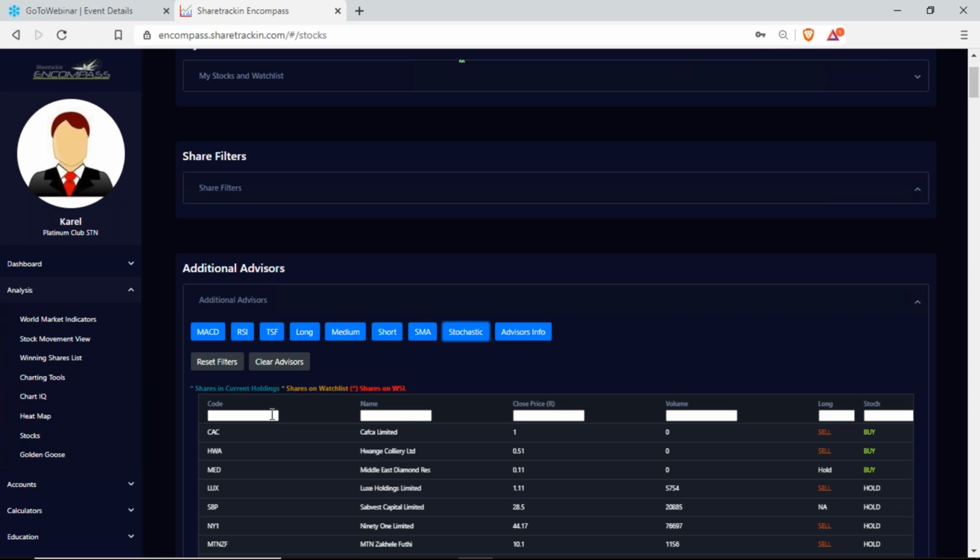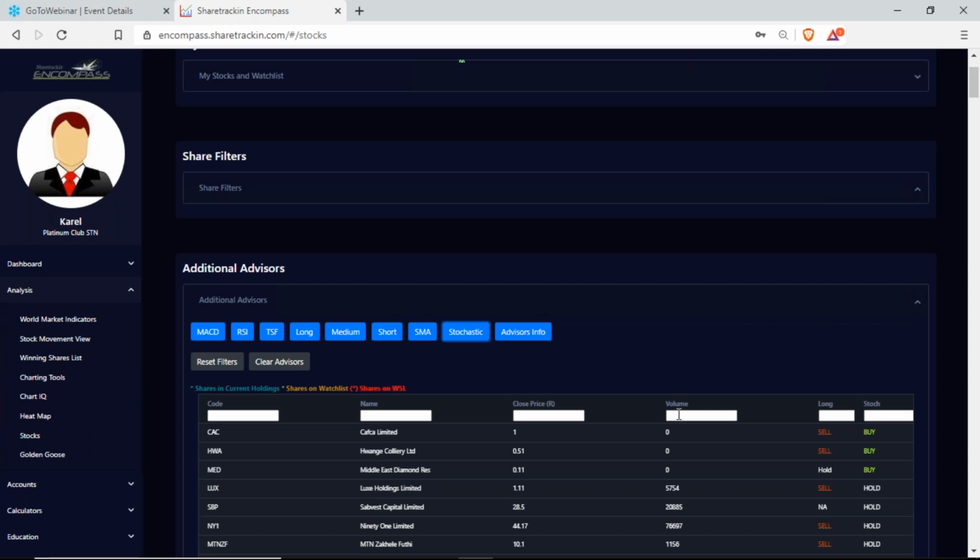So here I can search a company by code or by name. I have my closing price. It's for the previous trading day, but because the markets are closed now, this is today's data. The volume it traded for that day.